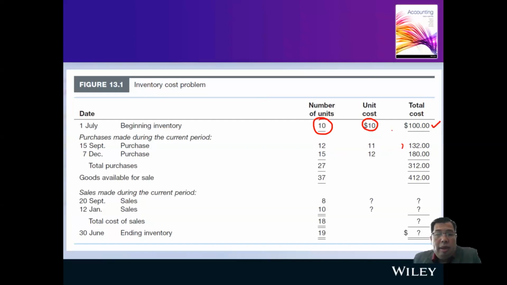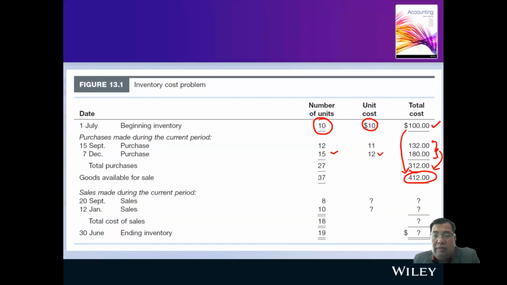Later on 7th December, purchase additional inventory, 15 units. So the cost is $12 now. So that costs you 180. So your total purchases here is 312. Add with the existing one, that gives you 412. This is your total cost of inventories.